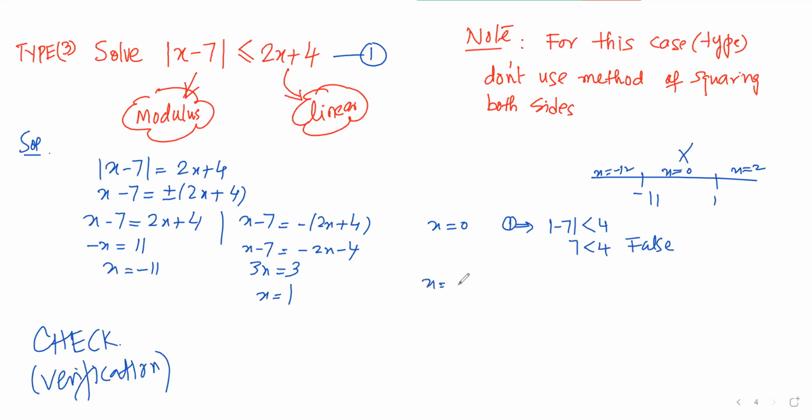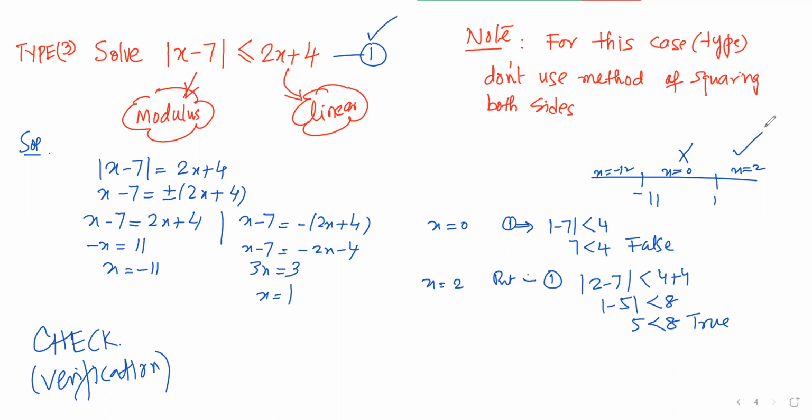Then x equals 2, from the right. Put this in number 1. 2 minus 7 is minus 5, modulus 5, is less than 2 twos are 4, 4 plus 4, which is 8. 5 is less than 8. Obviously, this is true. So accept this answer.